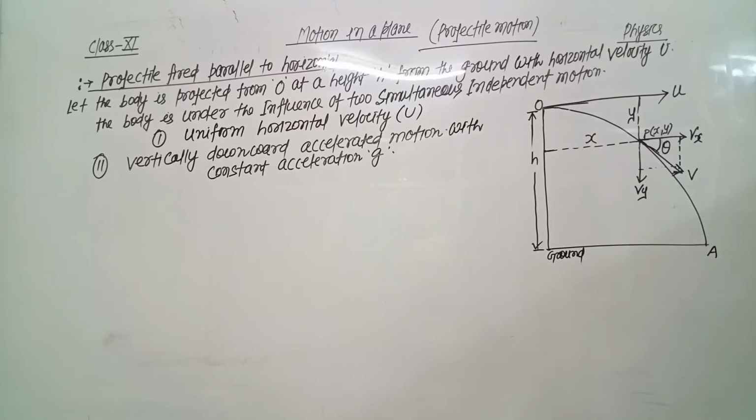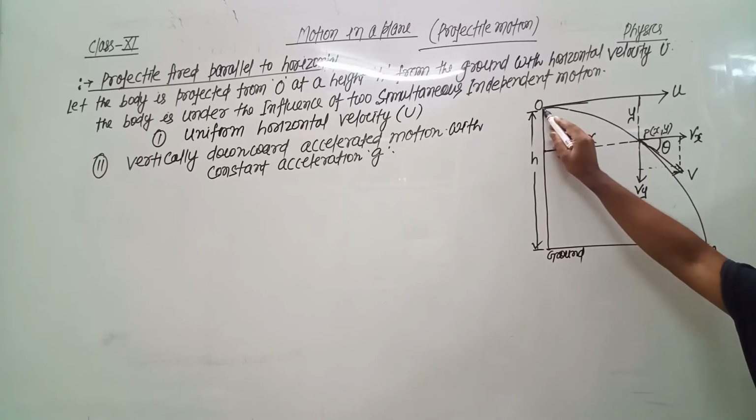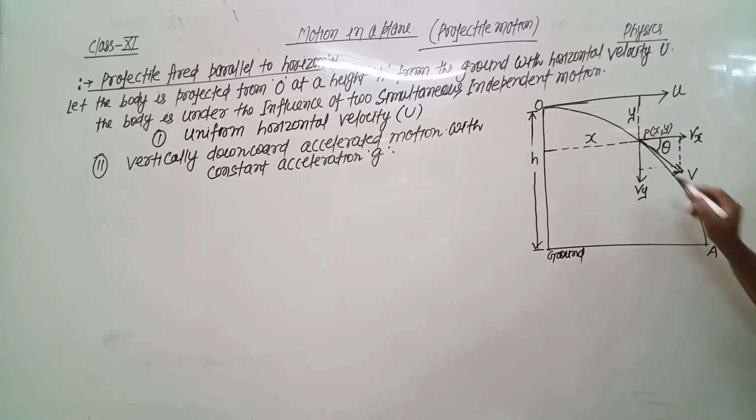The first motion is with uniform horizontal velocity, and the second is vertically downward accelerated motion with constant acceleration g. Because at every point of the trajectory, the particle covers both distances, x distance as well as y distance.